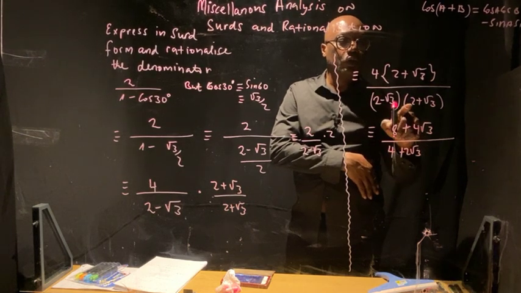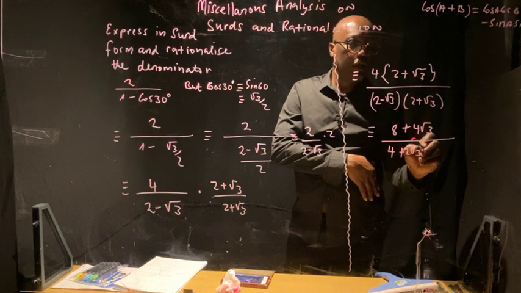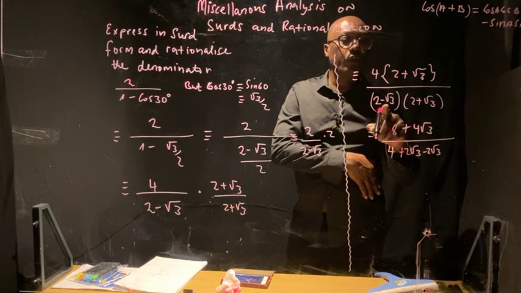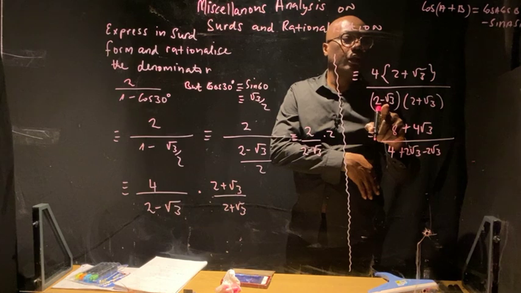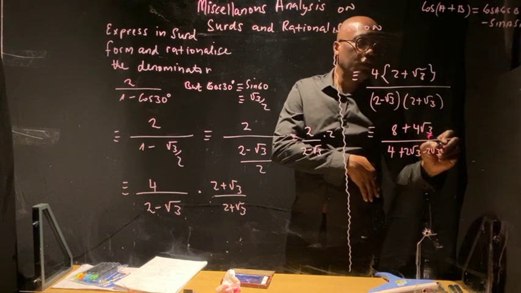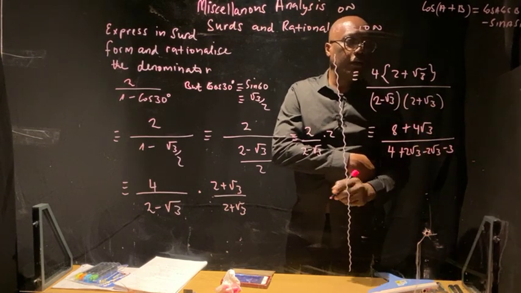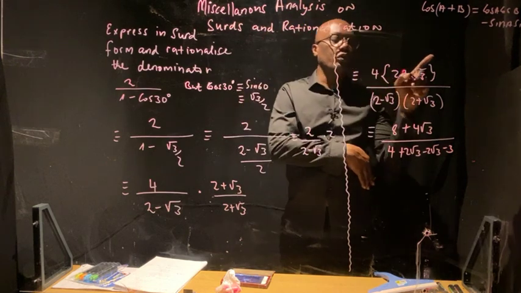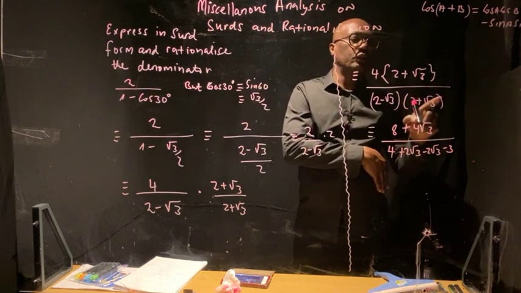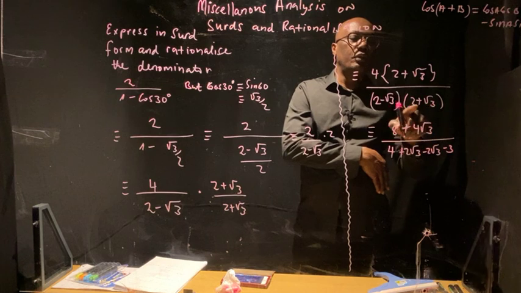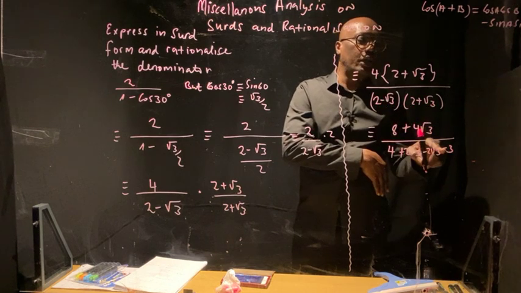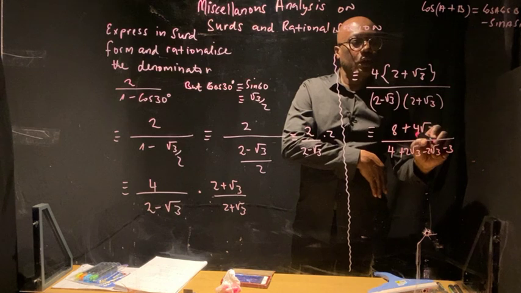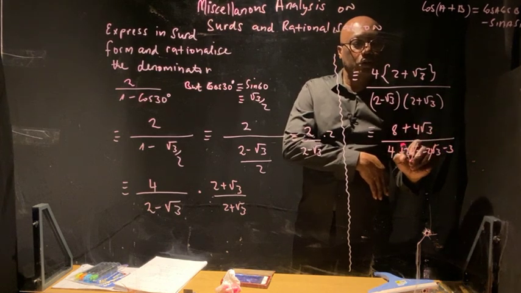Then you have here 2 times minus root 3, then you have minus 2 root 3. Then you have minus root 3 times root 3 is equals to minus 3, because root A times root A is equals to A. Therefore, root 3 times root 3 is equals to 3. But because here is minus, that's why the minus has affected this one. So this one cancels out.